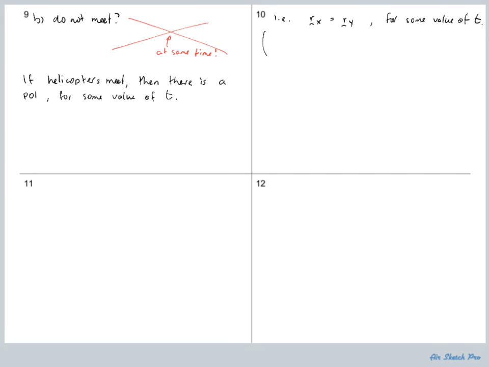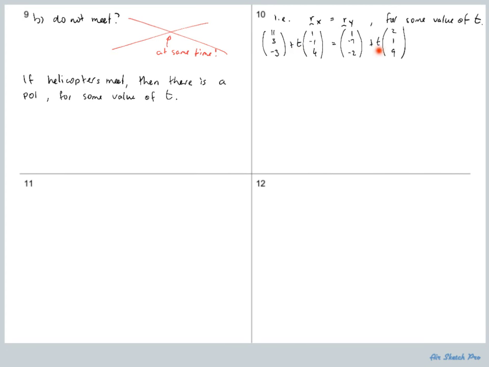So we've got (11, 3, negative 3) plus t times (1, negative 1, 4), equals (1, negative 7, negative 2) plus t times (2, 1, 9). So I'm just setting them equal to each other, and I'm allowing t to be exactly the same on both equations because I know it has to be at the same time.